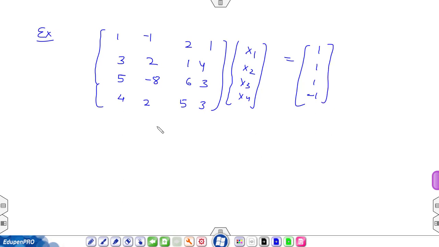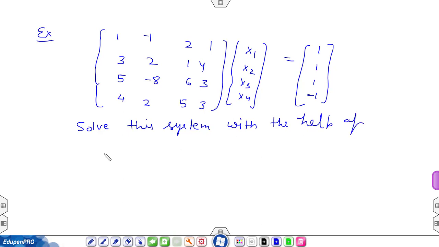Now solve this system with the help of the Gauss elimination method using scaled partial pivoting.